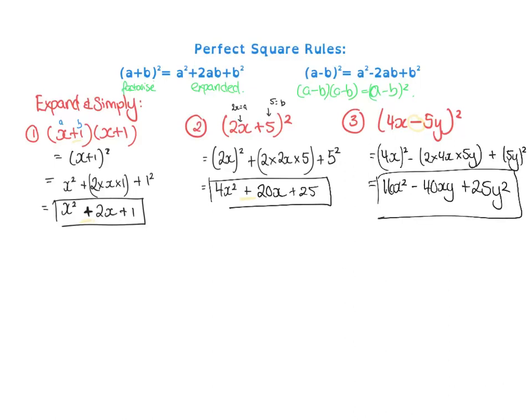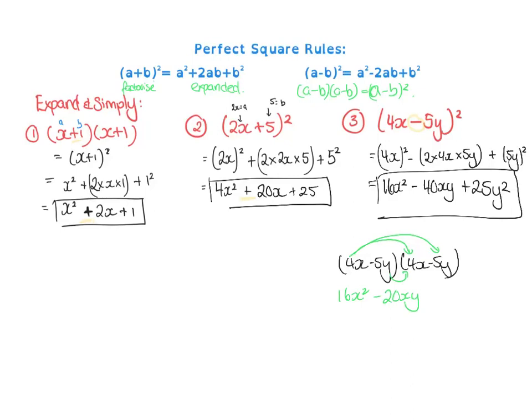So obviously that is quicker than if I had to go 4x minus 5y and 4x minus 5y. It's quicker than doing all the multiplying out. I would have had to go 4x times 4x, that's 16x squared, and then 4x times negative 5y, which would mean negative 20xy.